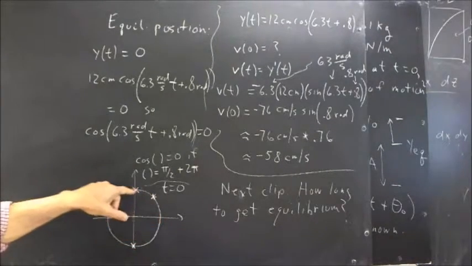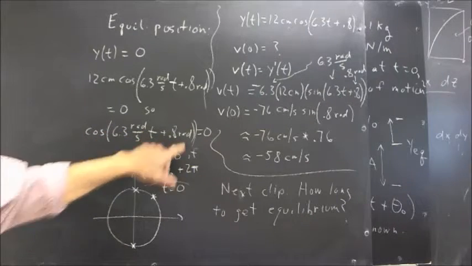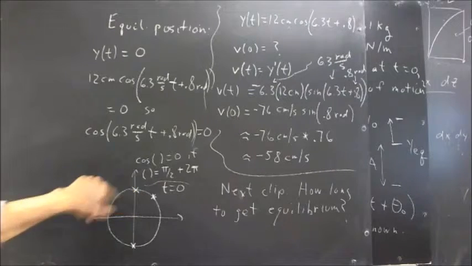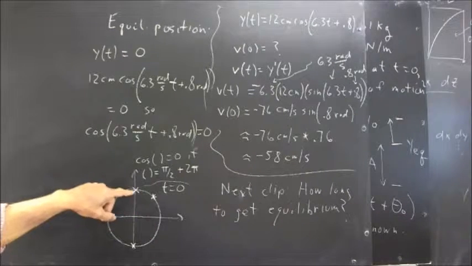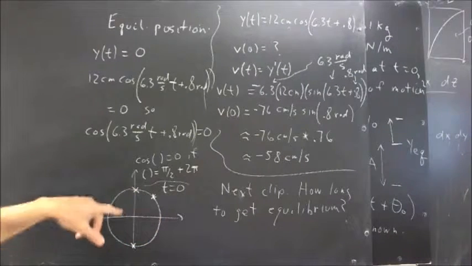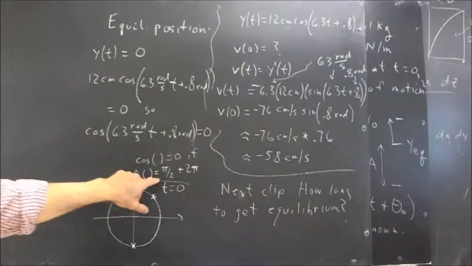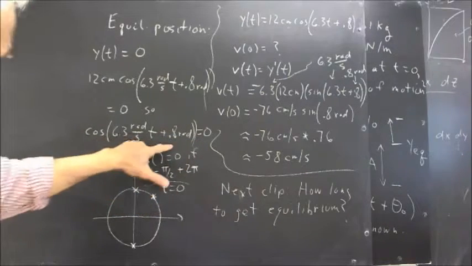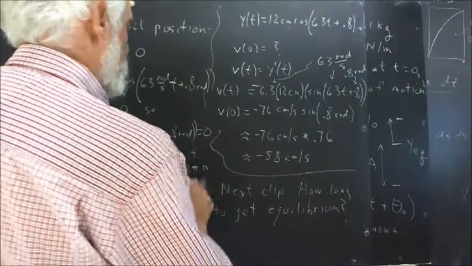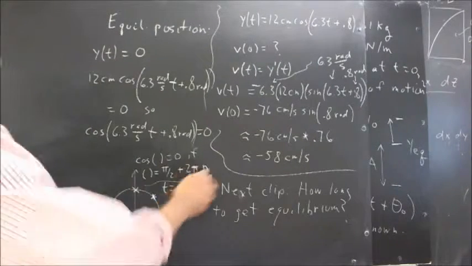It means we're here when the argument, the 6.3 radians per second times t plus 0.8 radians, is 0, or when it's 0 plus 2 pi, because 2 pi just brings us around to the same point, or plus 4 pi or 8 pi, etc. So we get cosine of this thing is 0 at this argument equal pi over 2 plus 2 pi times n, where n is an integer. Okay, and it could also be a negative integer.